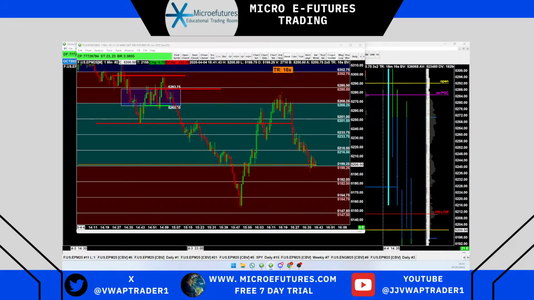A lot of the time you want nice big candles to trade, decent size. But when you've got 2 point chop, it's a massive pain.